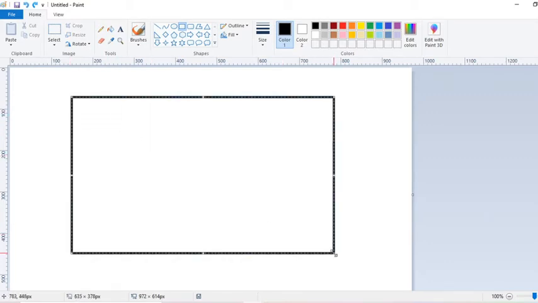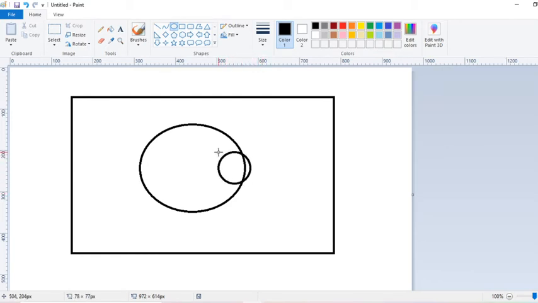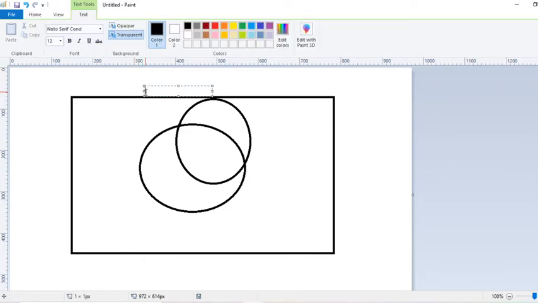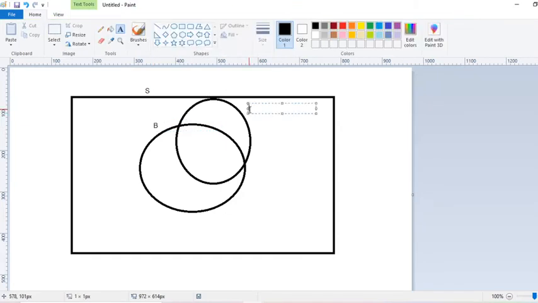Suppose this is the sample space, this represents event B, and this represents event A. So this is the sample space S. This is B, and this is A.